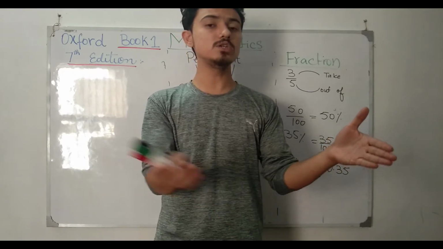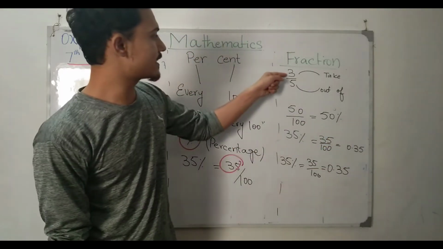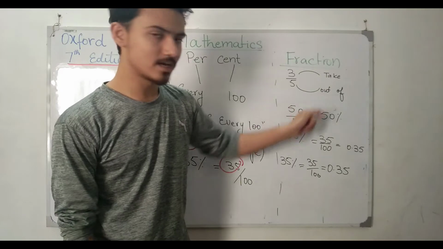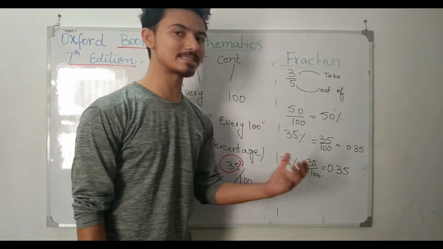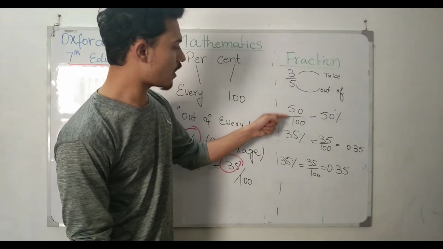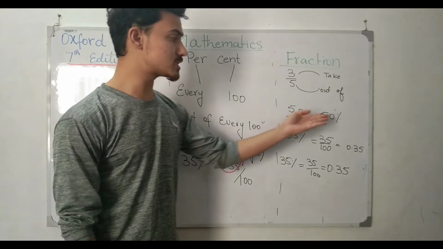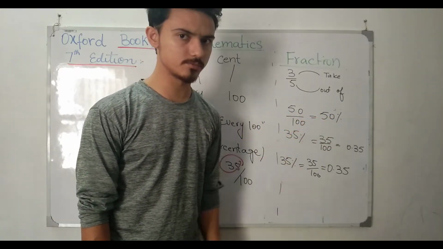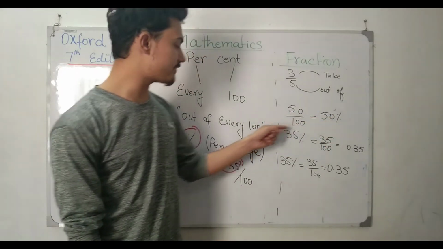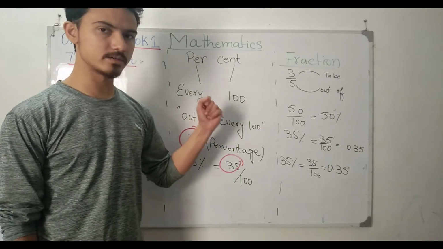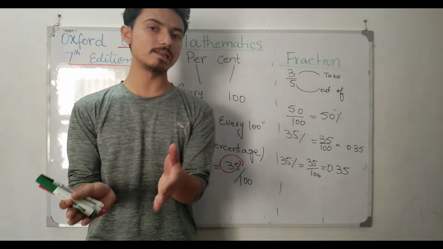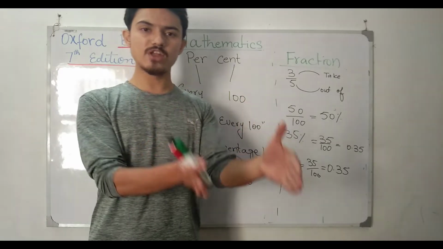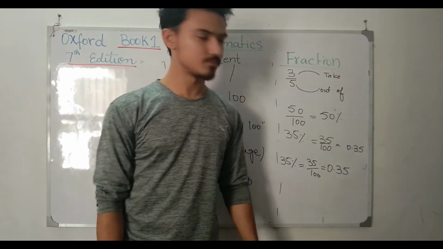It means you take 3 of the 5 parts. You take this out of this. Similarly, if I relate it with percentage, 50 out of 100 parts means you take 50% of any value, because that's out of every 100. Out of every 100.